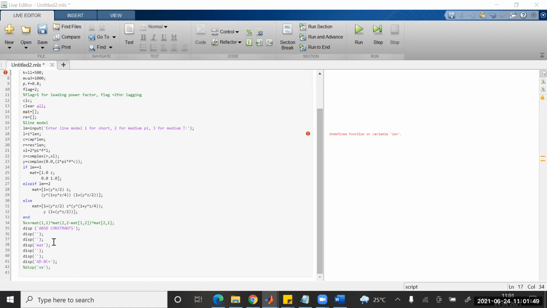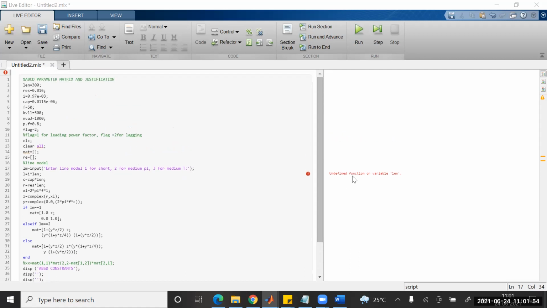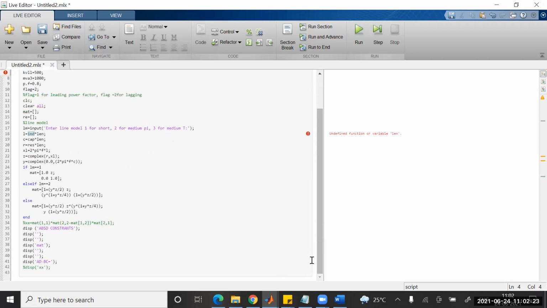Let's fix the error. Okay, this is your undefined parameters. Okay, this is undefined function variable length. Okay, this is undefined variable. Okay, let's write, we'll see.